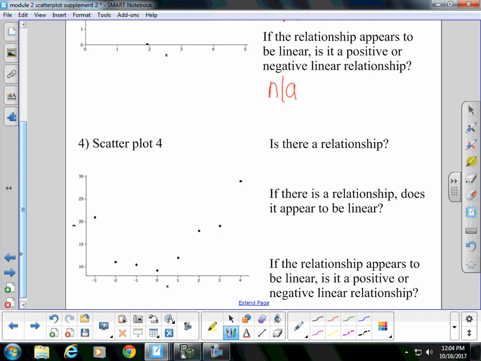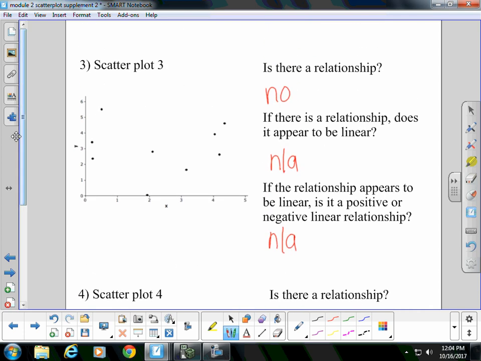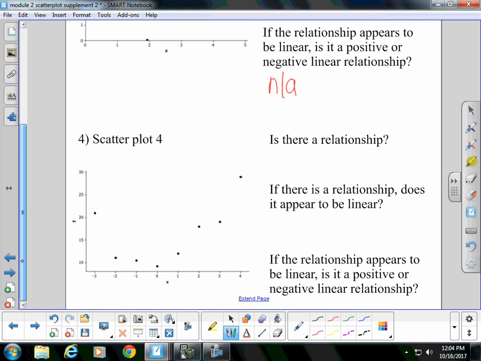Okay, on this one, now this one here where I said no, the points were pretty scattered. But in this case, there is a relationship. This one's yes. But it's not a linear relationship. This one's a no. I don't know if you guys talked about this last year, I think you did.